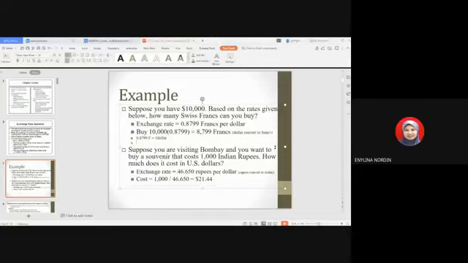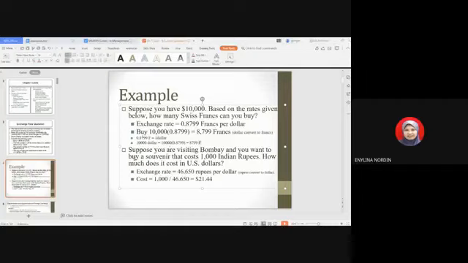Therefore, if you have $10,000, it will equal 10,000 multiplied by 0.8799, and then you will get 8,799 francs. So that is how you calculate.